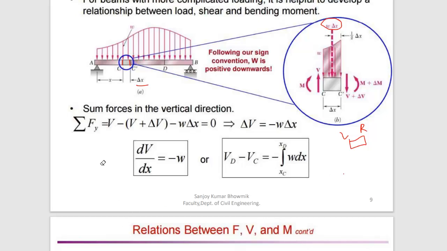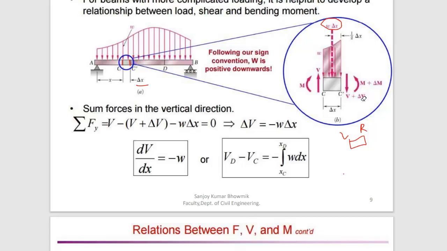Now if you take the summation of vertical actions, here you can see V is acting upward, positive, and this is V plus del V. Why do they consider del V? Because they assume that the shear force will increase a little bit with respect to del x distance.